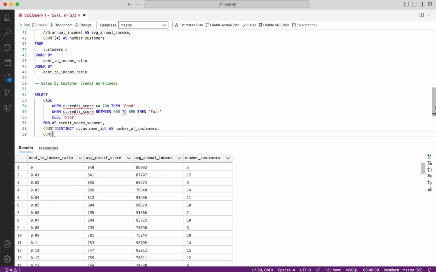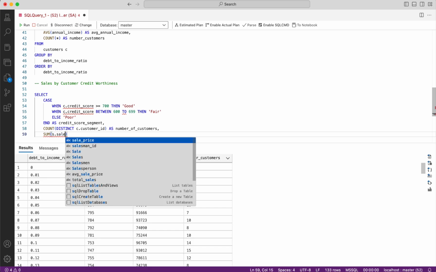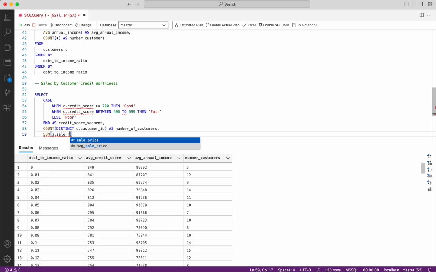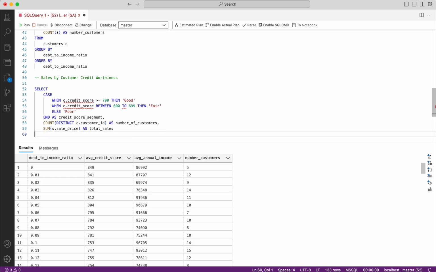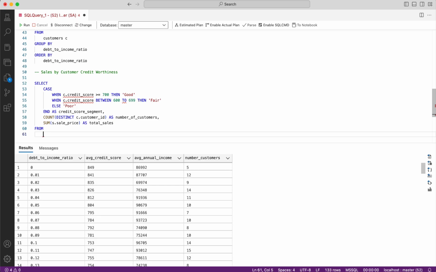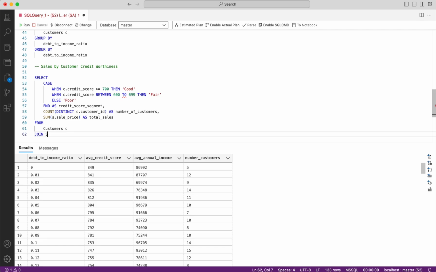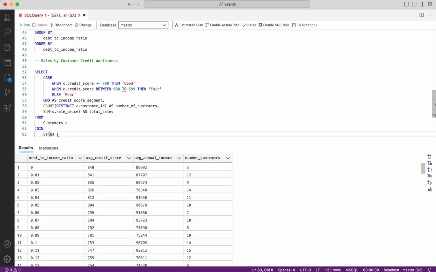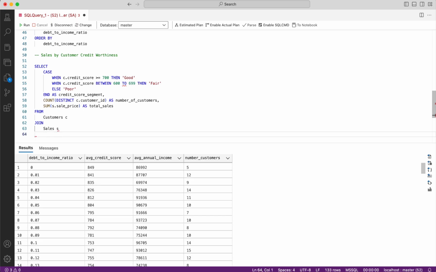And we want a sum of the sale price as total sales. We're going to be joining tables to do this. So from our customers table, we're going to join our sales table on customer ID.